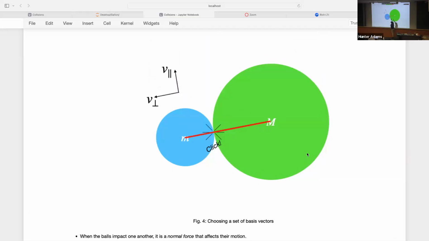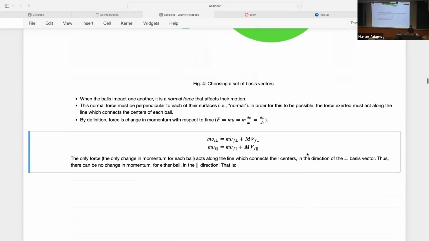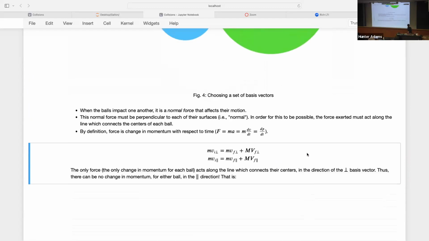Well, maybe this should be swapped. In any case, you get my point. V perpendicular is in the direction of the line connecting the two centers. V parallel is orthogonal. So we can write down our conservation laws in these two reference frames, and that's perfectly fine, right? This is describing the conservation of the momentum vector. We're just breaking it into components in our two axes.